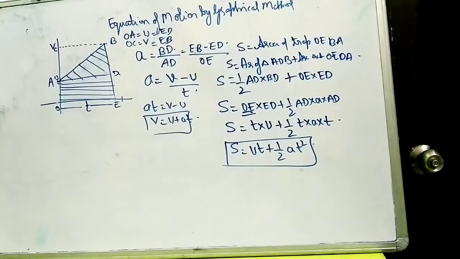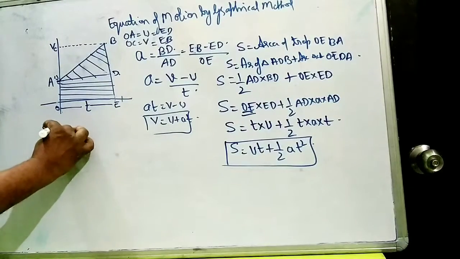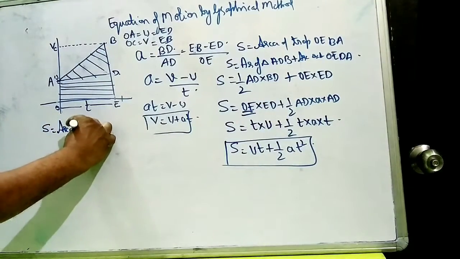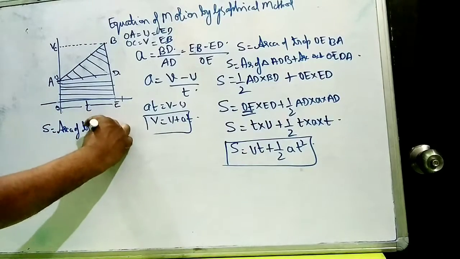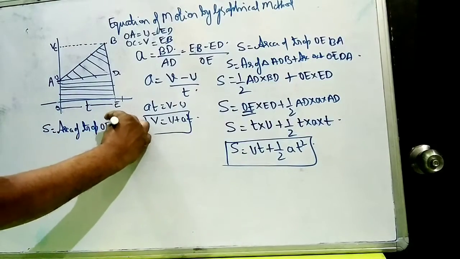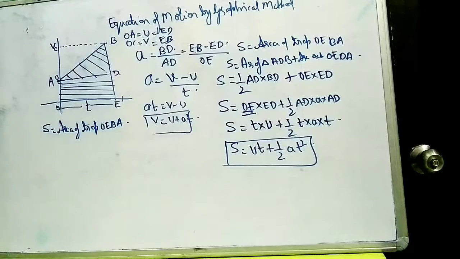No. Now the third, again the displacement. S is equal to area of trapezium OEBA. What is the formula? Half sum of parallel sides into height. What is the sum of parallel sides?